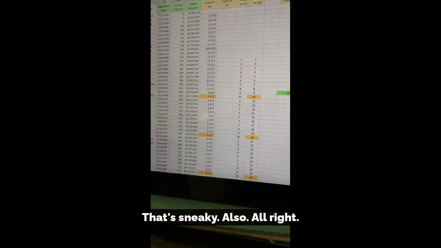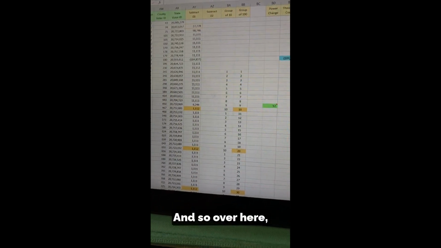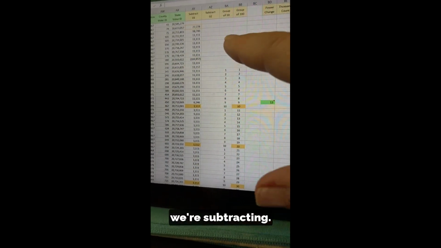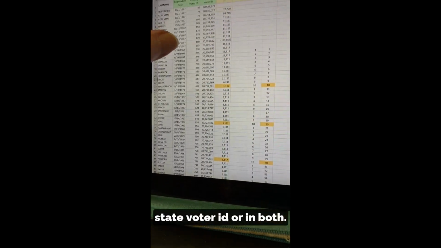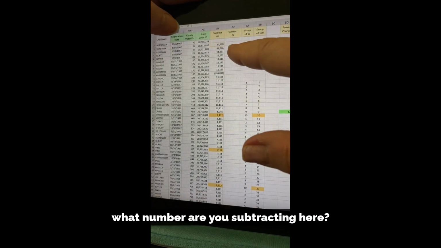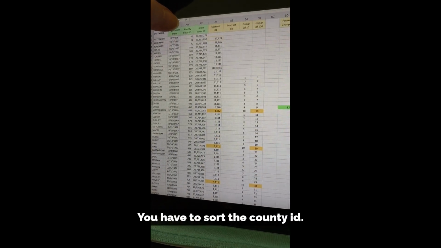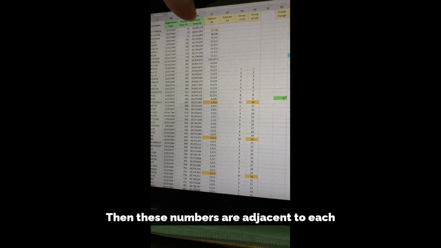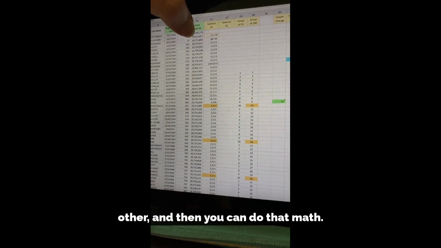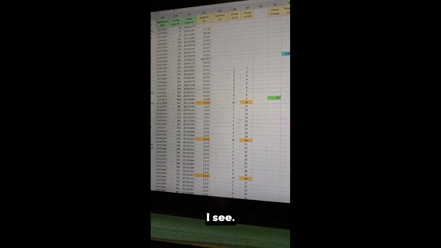That's sneaky also. All right, and so over here, this hidden architecture is in the state voter ID, or in both? Well, what number are you subtracting here? You have to sort the county ID low to high. Right, I understand. Then these numbers are adjacent to each other, and then you can do that math. I see.